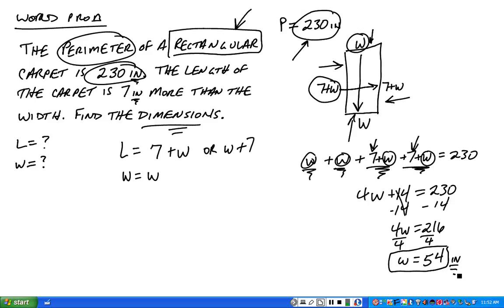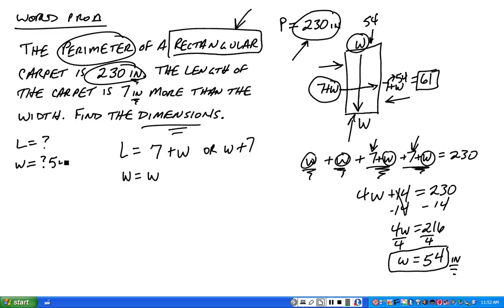So if the width is 54 inches, then that means if this is 54, then 7 plus 54 means that this would now be 61. So if the width is 54, then the length is 61.